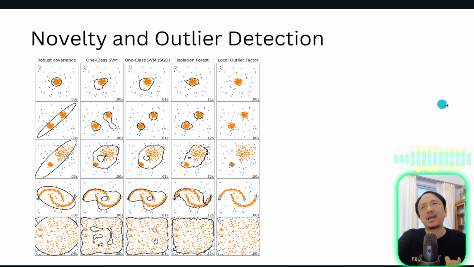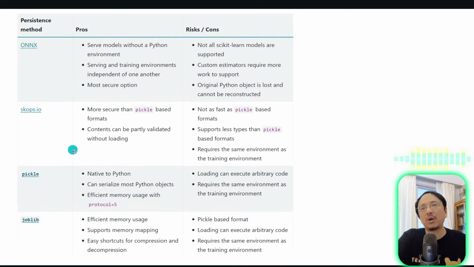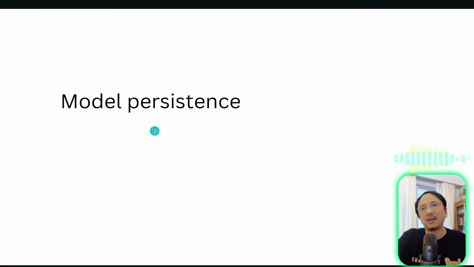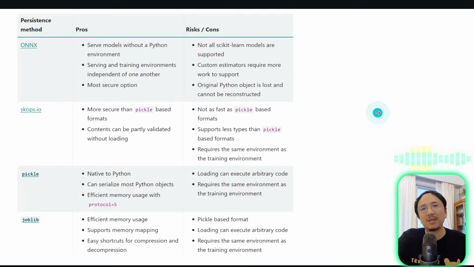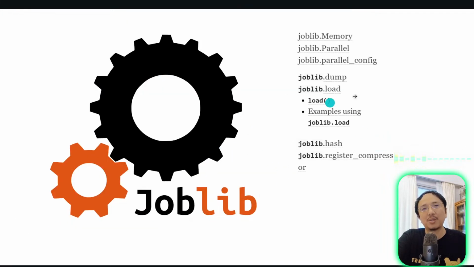Okay, scikit-learn also contains some functionality for novelty and outlier detection. I won't go into details. It also has some functionality for model persistence, which means you can save and load models. Personally, I like joblib here. Joblib is a library used for various kinds of niche tasks.